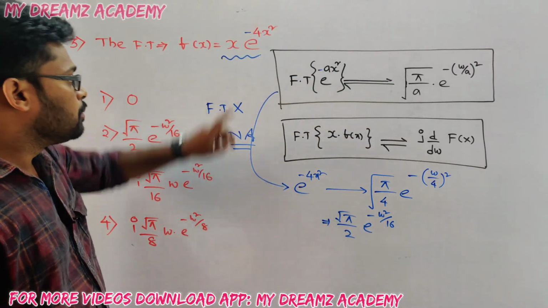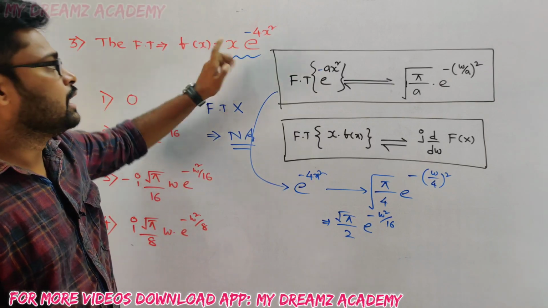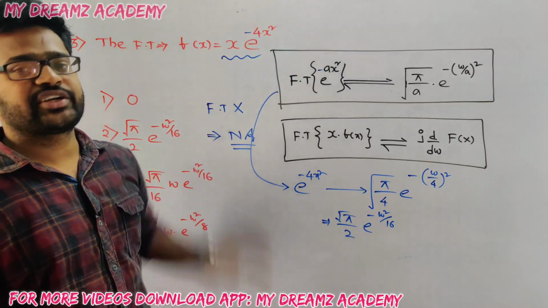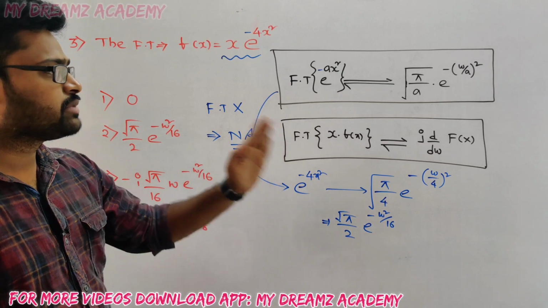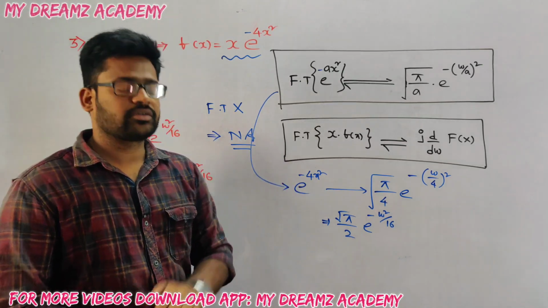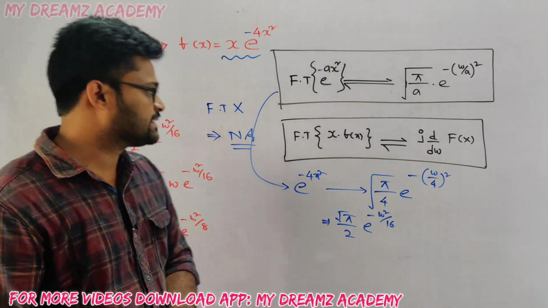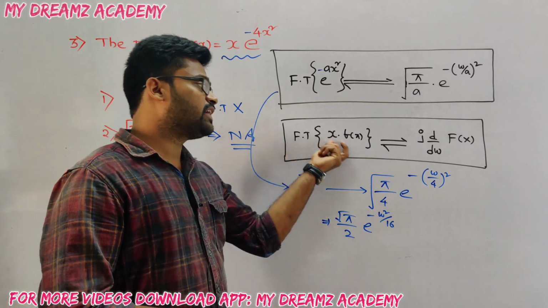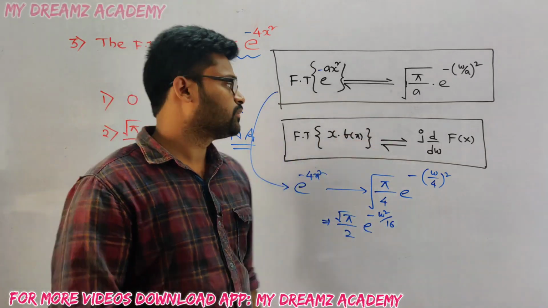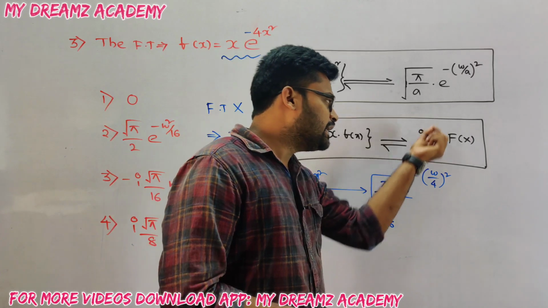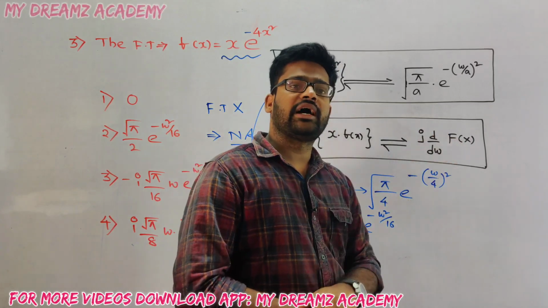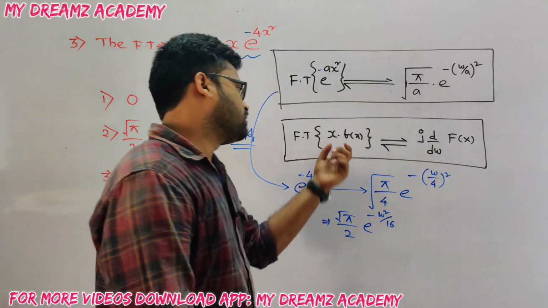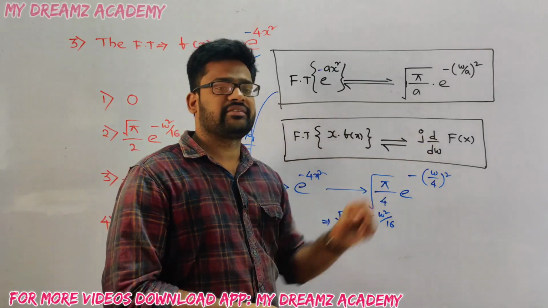Now, but we have an x. If I multiply the function with x, from the Fourier transform properties, the Fourier transform of x into some function will give j d by d omega of F of x. If I multiply with x, I need to do the differentiation.